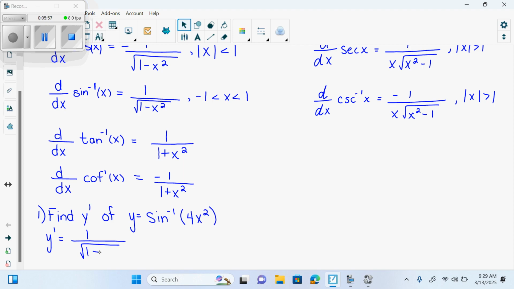What's x? 4x squared, squared. And then I multiply by the derivative of that, 8x. So I get 8x all over the square root of 1 minus 16x to the 4.